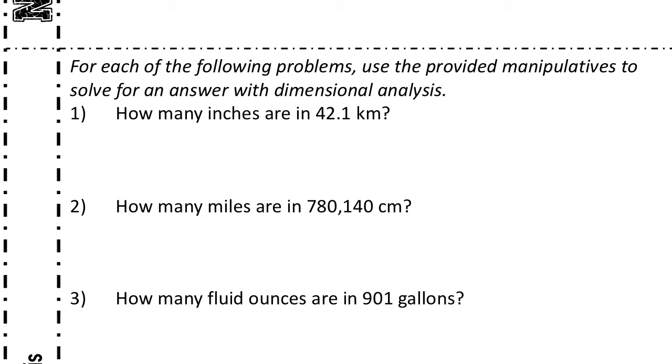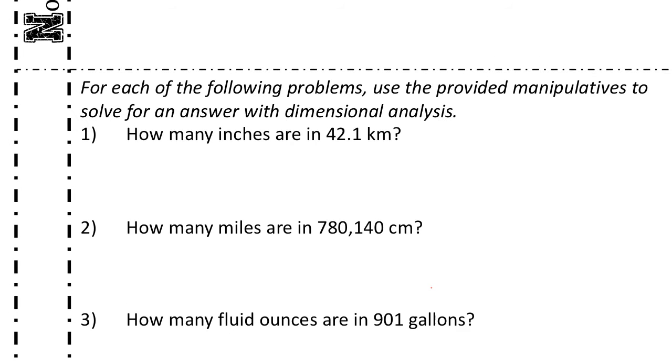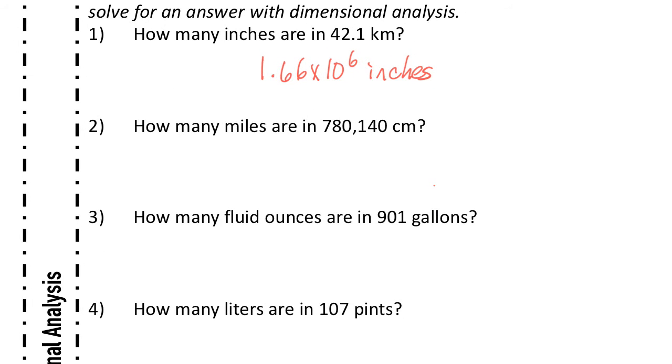All right, so you should have those all finished, and I'm just going to write down the answers you should have gotten. For number 1, you should have had 1.66 times 10 to the 6 inches. For number 2, you should have had 4.8476 miles.